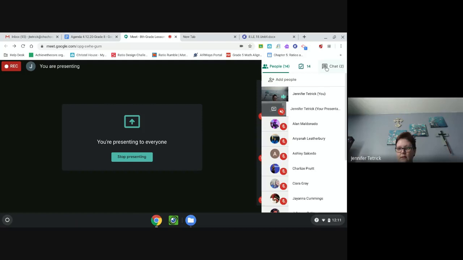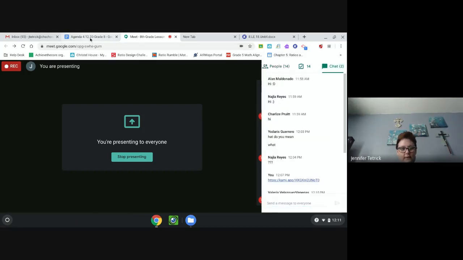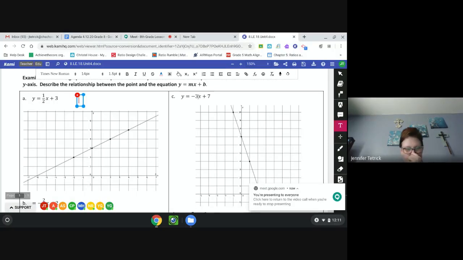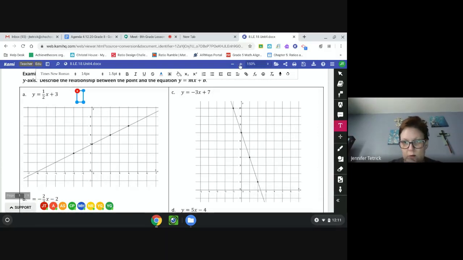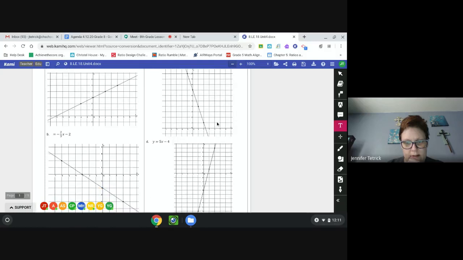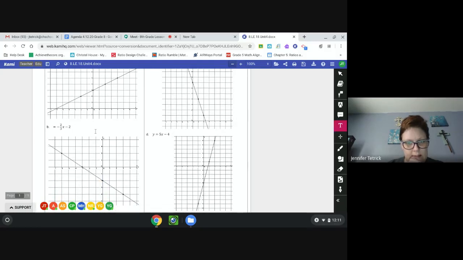So you guys go ahead and start talking about where does the line touch on the y-axis. And I'll zoom out a little bit so we can all see. Where does the line touch on the y-axis?